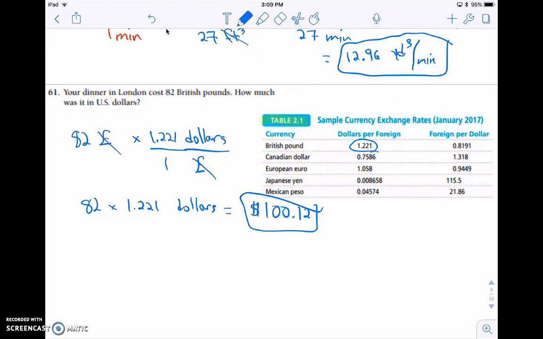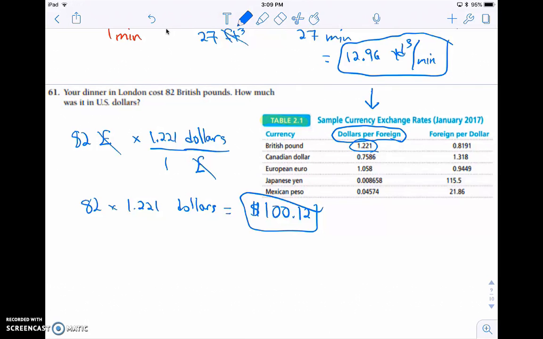Okay. And again, you may be asking, why did I use this first column here? Again, that's because we are going dollars per the foreign, so dollars per British pound. So when you see this right here, dollars per foreign, that means dollars is on top, the foreign exchange amount is on the bottom, and so that's why I use that first column.